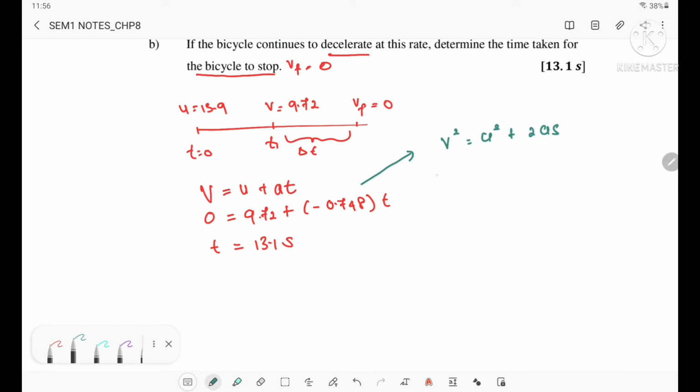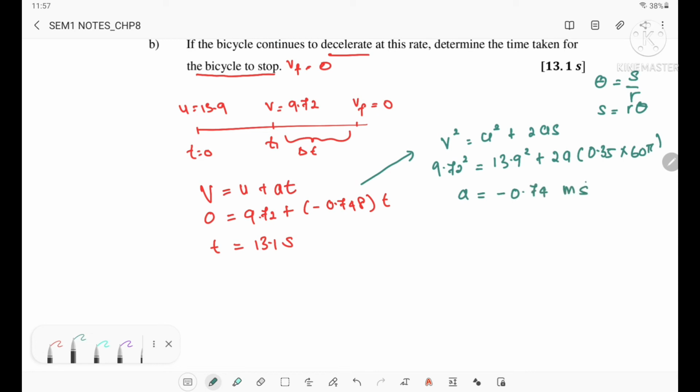So we have v, 9.72 squared equal to u, 13.9 squared, plus 2a s, equal to 0.35 times 60 pi, because theta is equal to s over r, and you can calculate that s equals r theta, and then we get the value for the acceleration is equal to minus 0.74 meter per second squared.